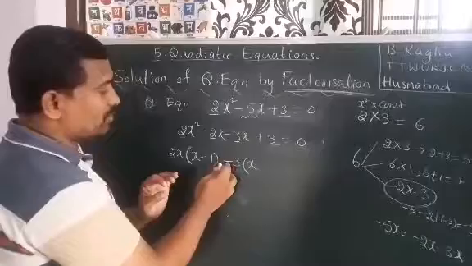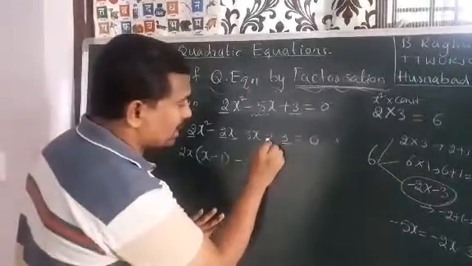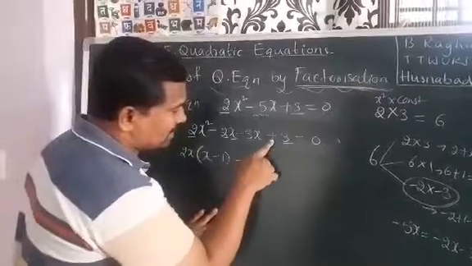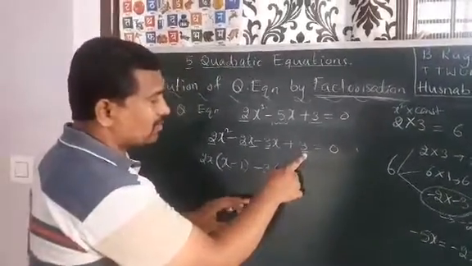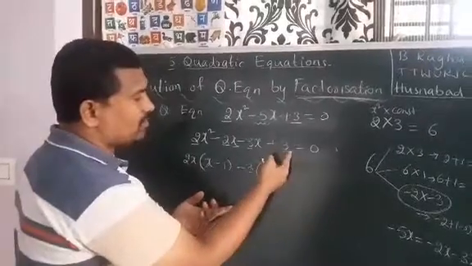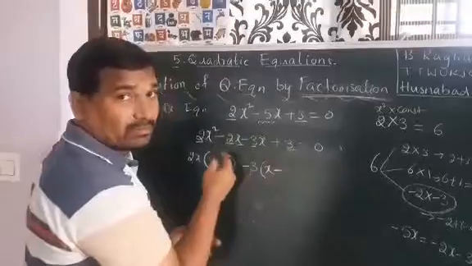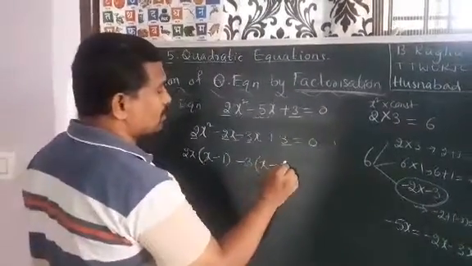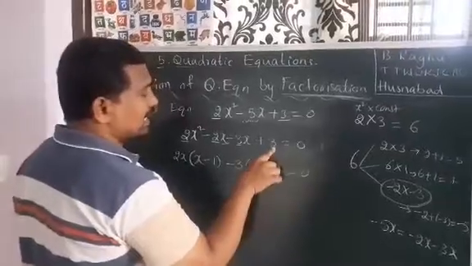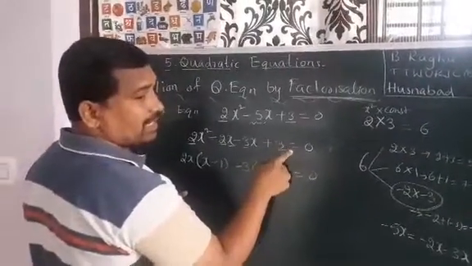Whenever the minus symbol is taken common, plus becomes minus. Here 3: what is the other factor? 3 ones are 3. 3 can be written as 3 into 1.